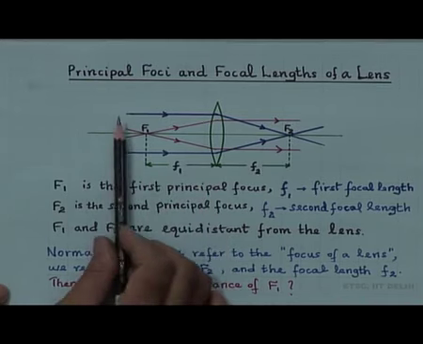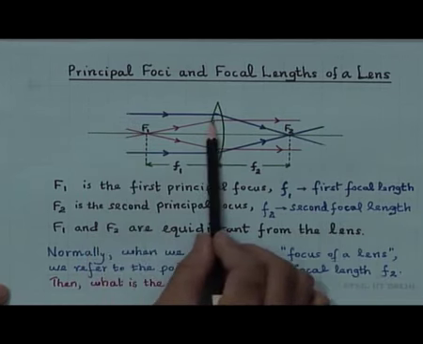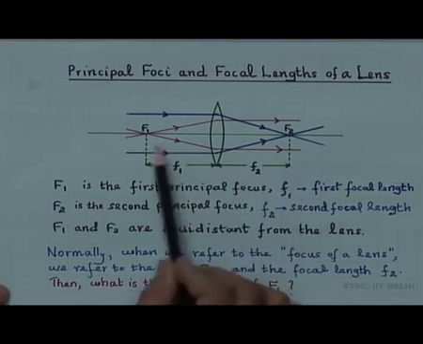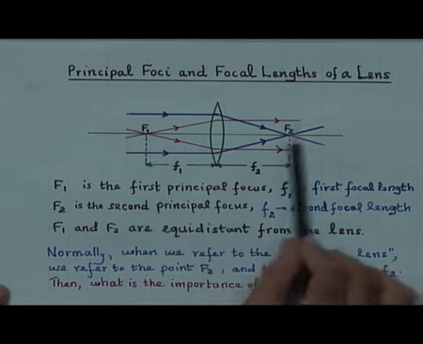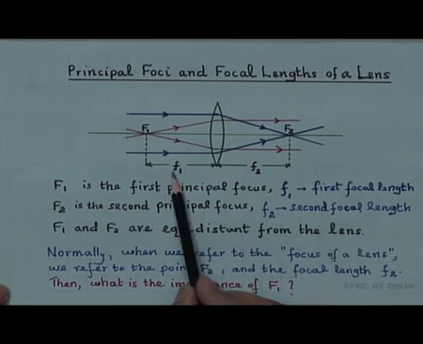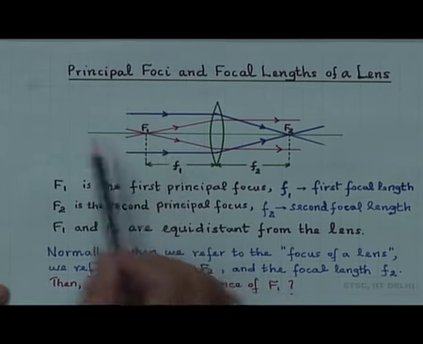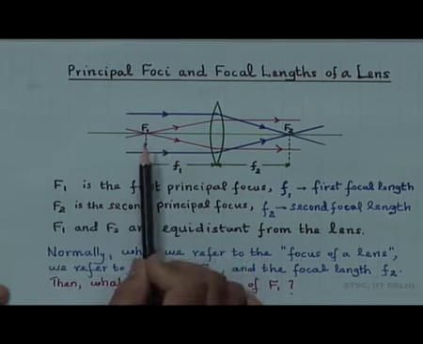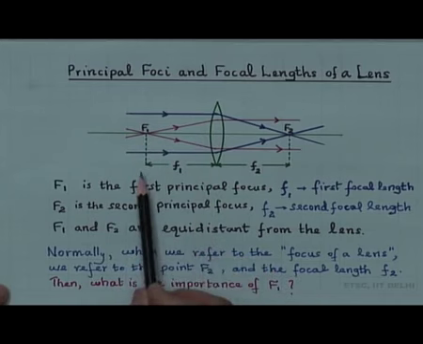Now, in this case light is travelling from here, but the parallel light is focused at the principal focus F2 and the focal length is f2, whereas light rays emanating from the first principal focus F1 will be rendered parallel. So, f1 magnitude is equal to f2. F1 is the first principal focus, because when we go from here we encounter the first surface, first principal focus, first focal length.